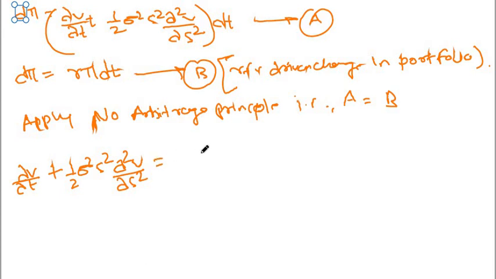Dt would get cancelled out. Pi is nothing but V minus delta S, right? And this delta is nothing but dV by dS into S.